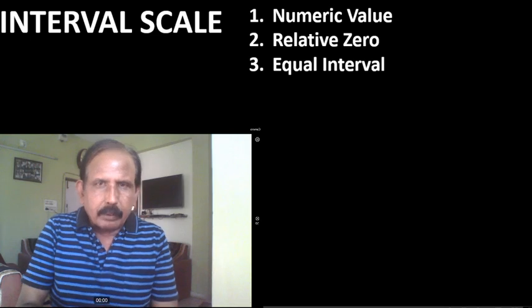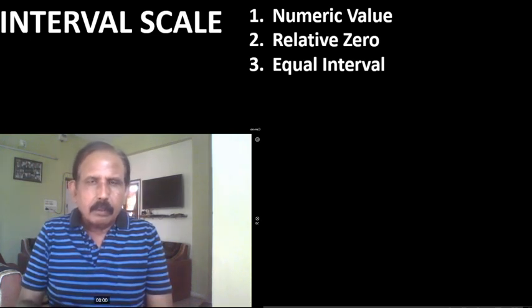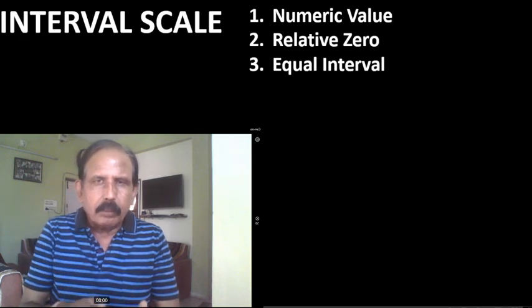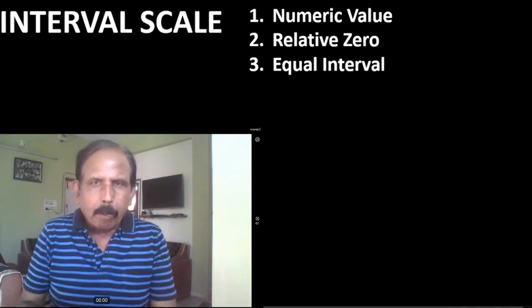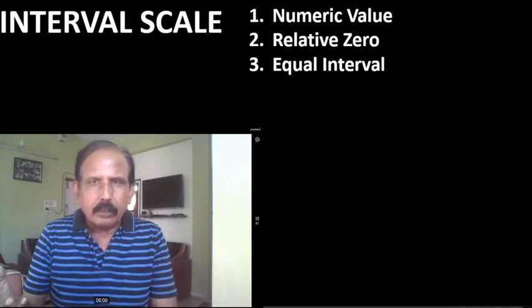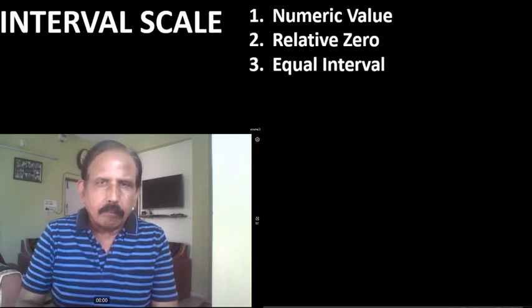Students getting 10 marks and 20 marks have a difference of 10 marks. The difference between these two is 10 marks and this difference is reflected from their performance in the examination.